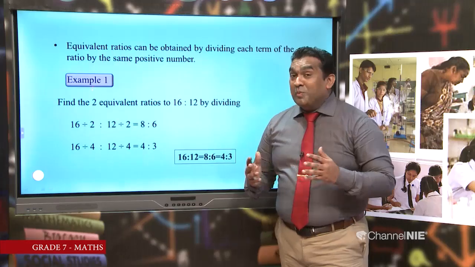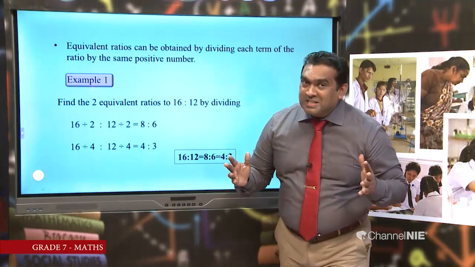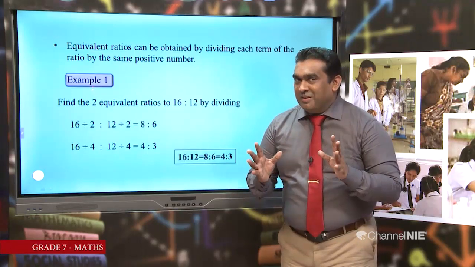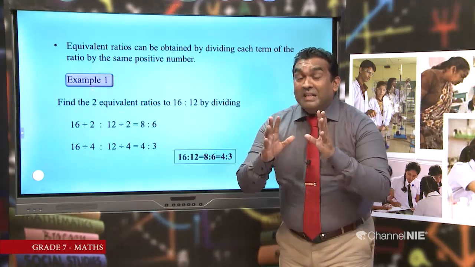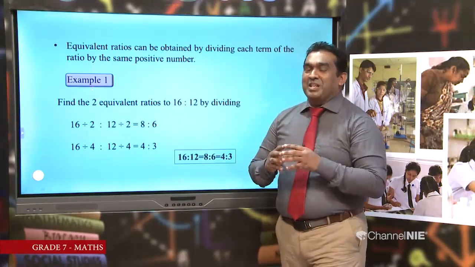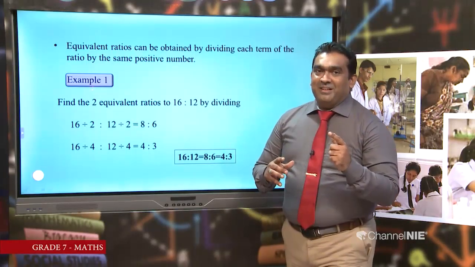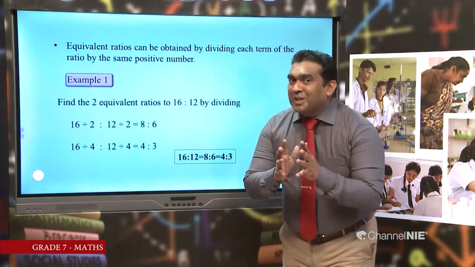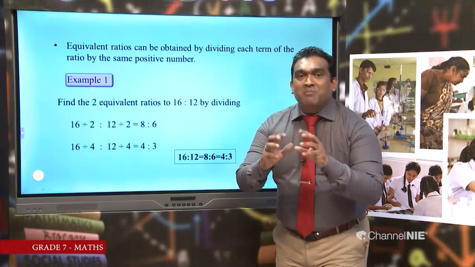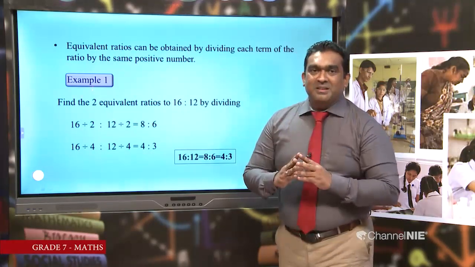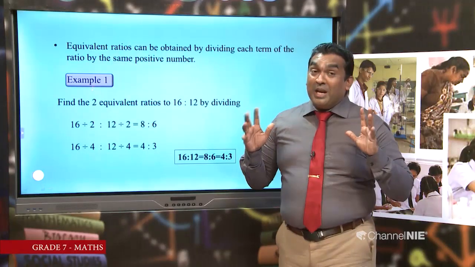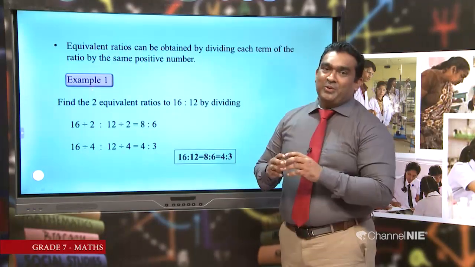There are two mathematical operations, multiplication and division. But there is a special condition. What is that condition? You have to select the same positive number. Only positive numbers can be applied to multiply or divide. Can you remember it? Yes, very good.